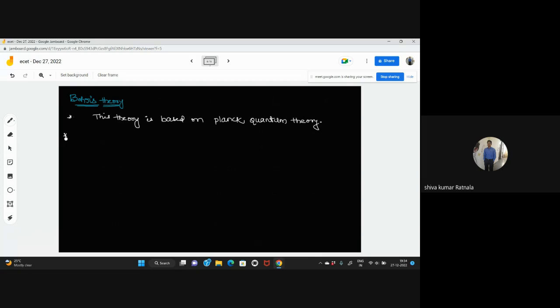Okay, next, according to this, what he is saying is that, as Rutherford said, there is a nucleus in the atom, and he also accepts that. Now see here, around the nucleus there are infinite number of circular paths available.